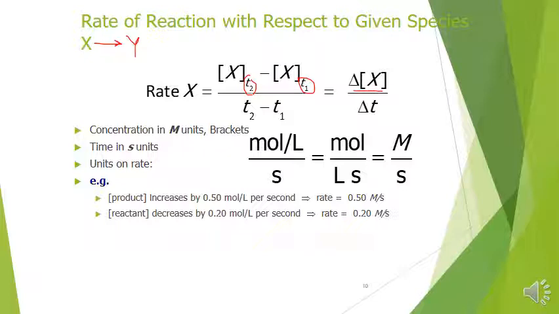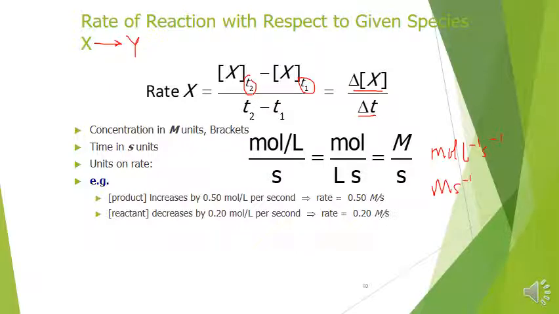That would be the change in X, how much X has changed, over the change in time, delta T. And then you're going to have these units here: moles per liter per second, or molar per second. Or you'll often see this written as moles liters minus 1 seconds minus 1, or even molar seconds minus 1.